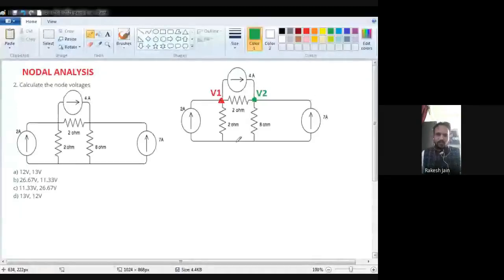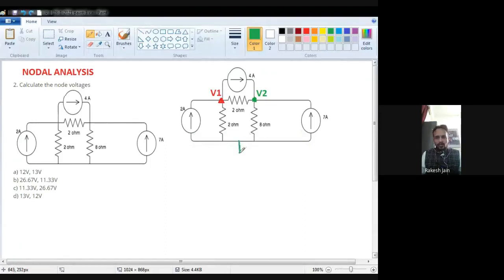Now what is the rule behind node analysis? First of all, we should analyze the principal nodes and then put one node as a reference node which is connected with the ground, and generally it is this side. This 4 ampere source, this 2 ohm resistance, this 8 ohm resistance, and this 7 ampere current source are all connected in this line directly, so this will behave as a node.